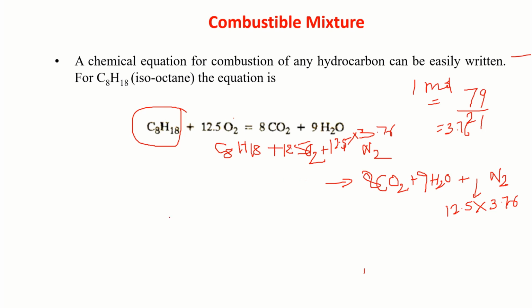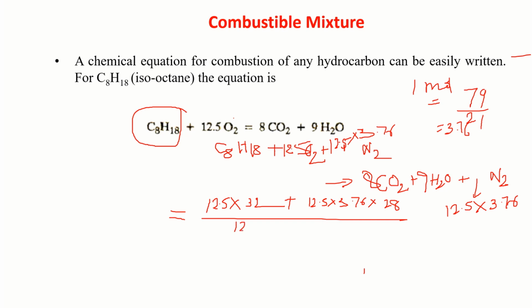Now for the air fuel ratio, the mass of air is 12.5 into 32 plus the mass of nitrogen, 12.5 into 3.76 into 28, the molecular weight of nitrogen, divided by the mass of fuel, 12 into 8 for carbon plus 1 into 18 for hydrogen.